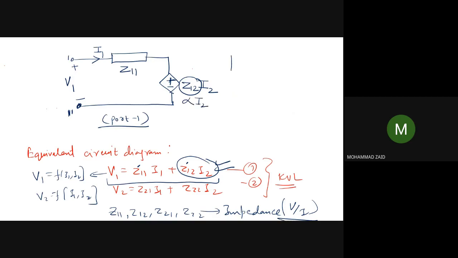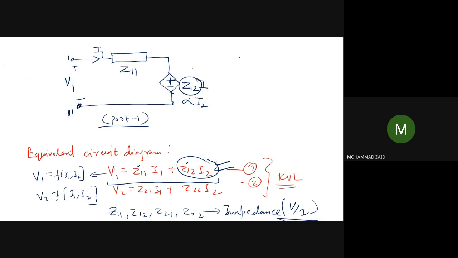Similarly, for port 2, we can draw the similar diagram. Let me change the color so it becomes more clear to you. Let us take this red color. So I am drawing for port 2. For port 2, similarly, V2 is equal to Z21 I1 plus Z22 I2.